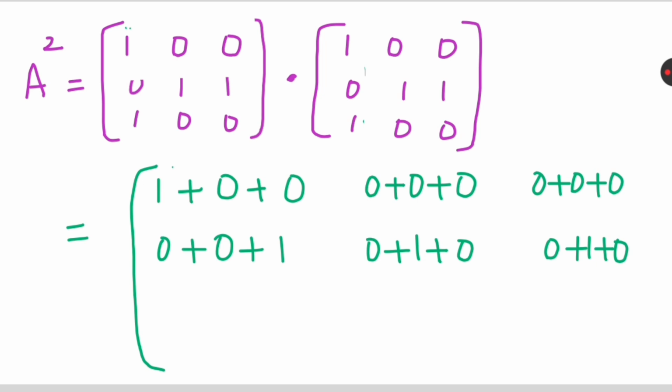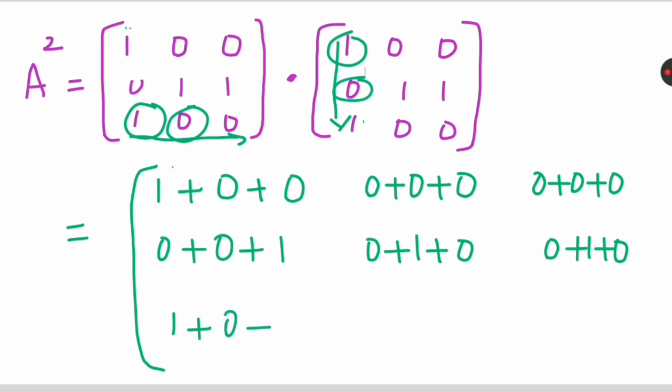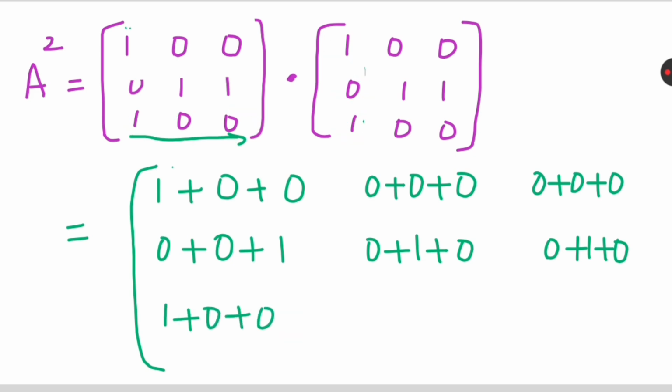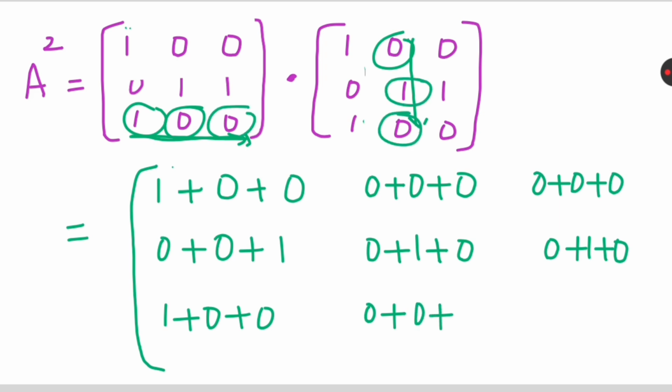So let's do it: 0 times 0 is 0, plus 1 times 1 is 1, plus 1 times 0 is 0. Now we are doing the third row. You start with the third row and first column. So we have 1 times 1, which is 1, plus 0 times 0, 0, then 0 times 1, 0. Now the third row with the second column: 1 times 0 is 0, plus 0 times 1 is 0, plus 0 times 0 is 0.